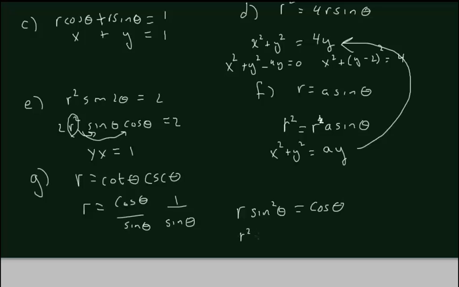Multiply both sides by r. Now there is a temptation here to say that this is x squared plus y squared, but then that leaves us with this. So we're going to apply the r squared as r and r to both the sines that are present. So this is actually going to be y squared equals x, which graphs as a sideways parabola.